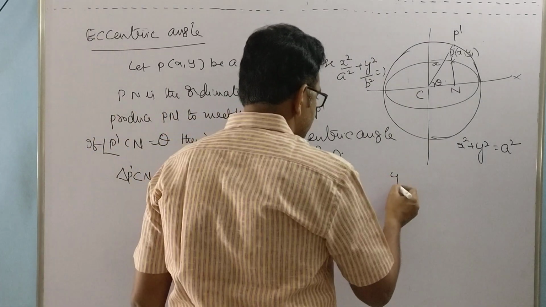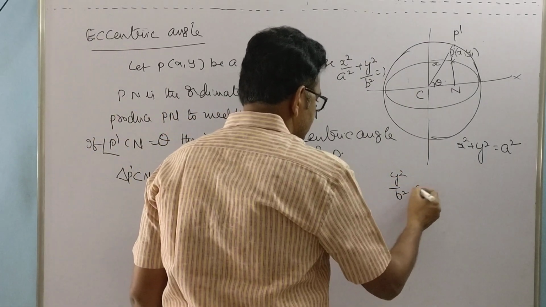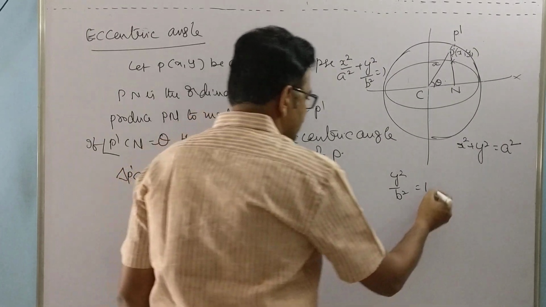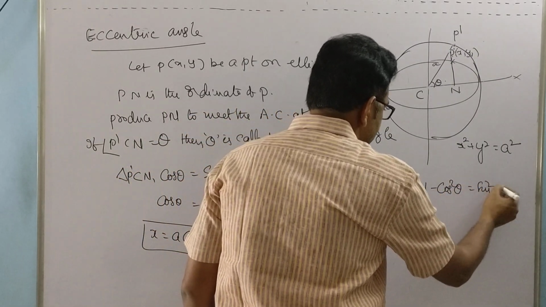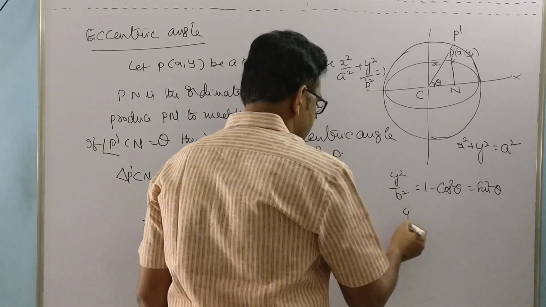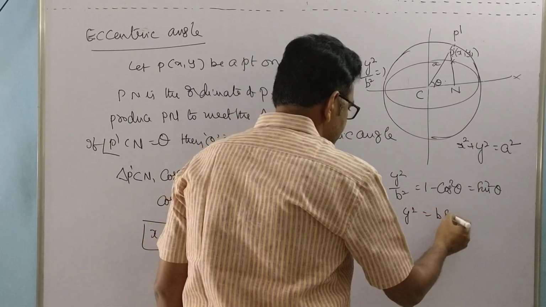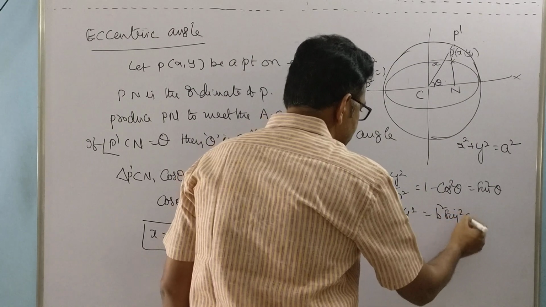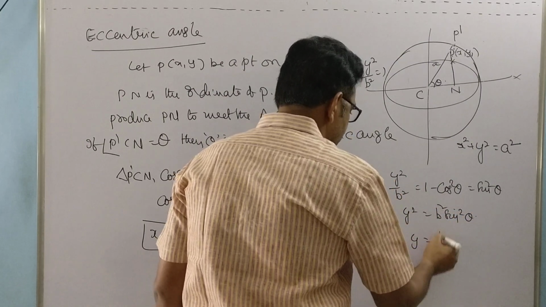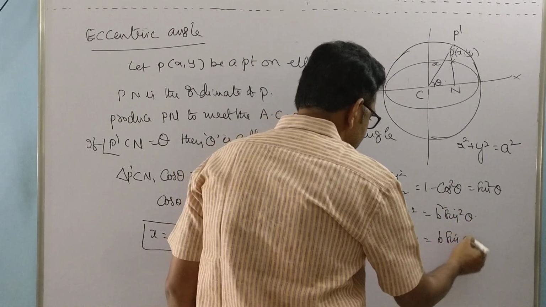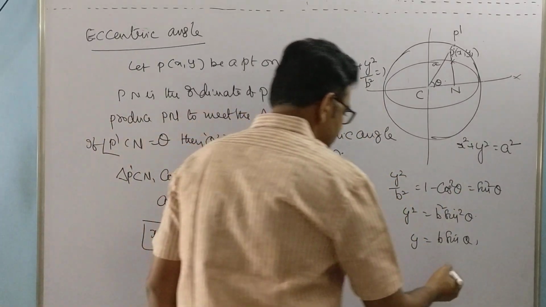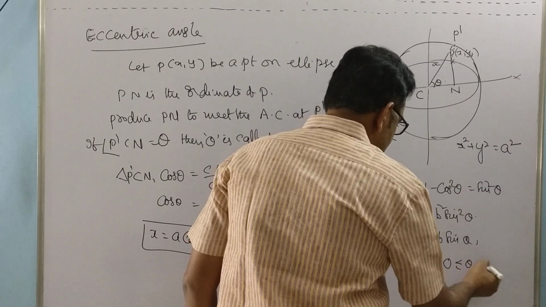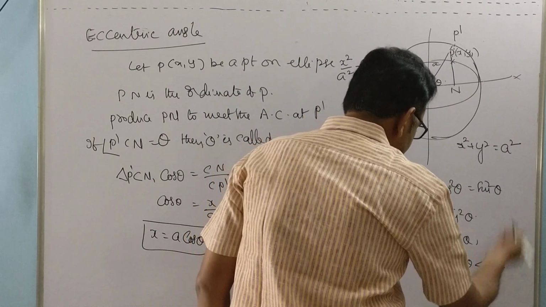Therefore y square by b square is equal to 1 minus cos square theta, that is equal to sin square theta. Therefore y square is equal to b square sin square theta, y is equal to b sin theta, where 0 less than or equal to theta less than 2 pi.